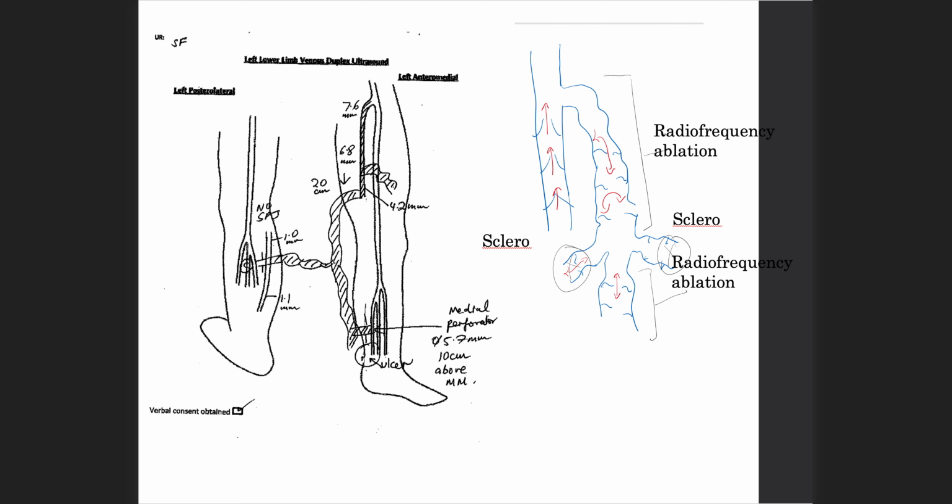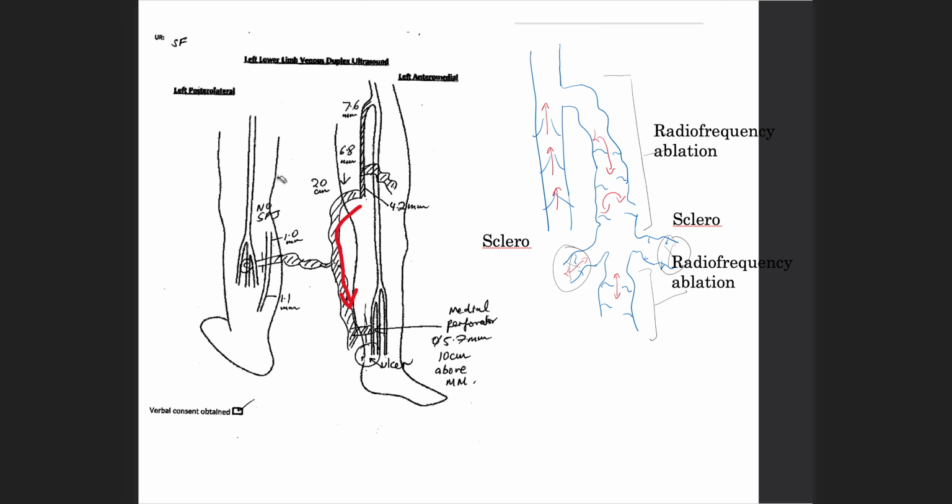Here's a preoperative ultrasound. The crosses within these veins indicate reflux or bad valves. And so our sonographer here has identified that we've got blood going in the wrong direction and is feeding this large surface vein down the leg.